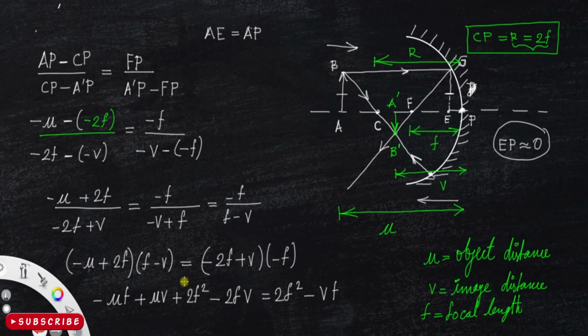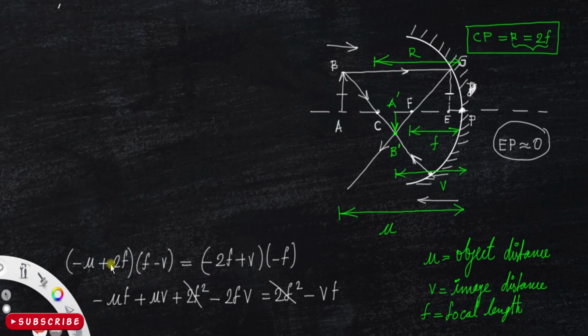Clear? Clearly you can cancel this 2F square and 2F square, and rearranging you will get minus UF. Let's take the VF to the left, minus plus VF is equal to plus VF. There is also a minus 2FV, equal to, take the UV to the right, so it will be minus UV.